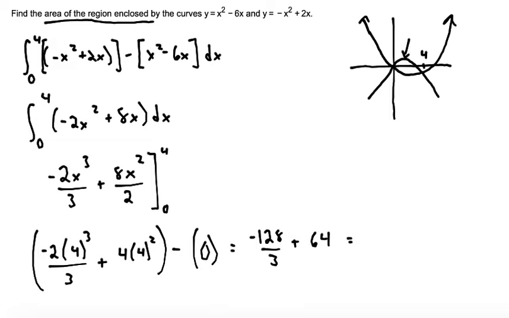So then simplifying, 64 with a denominator of 3 would be 64 times 3 is 192. So this is negative 128 over 3 plus 192 over 3, which 192 minus 128 is 64. So that would be 64 over 3, which is our answer.